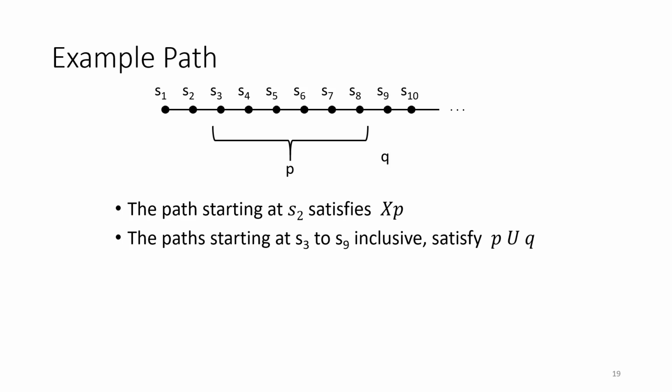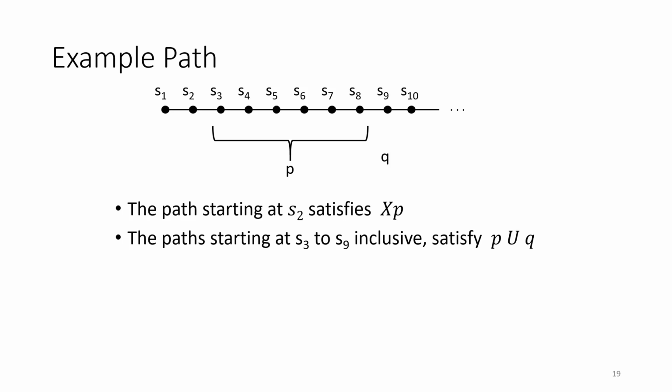It satisfies next P because the next state is S3, and there we have the label P. And then the path starting at S3 to S9 satisfies P until Q because, well, does Q ever happen on this path? Yes, it happens here in S9. And in everything before that, up until S3, did P hold? Yeah, in every single state, P was holding. So that's P until Q.